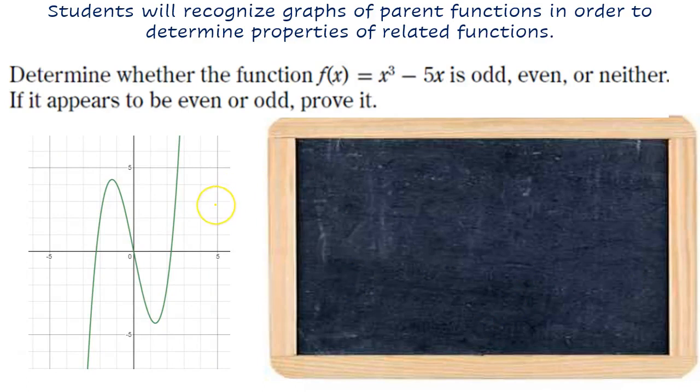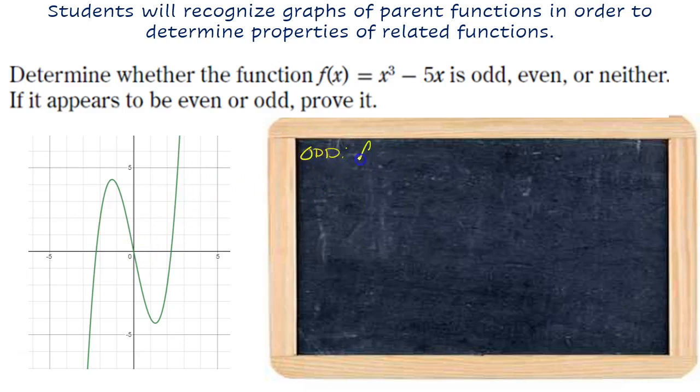Then they wanted us to find out if this is even, odd, or neither. Well, when I look at my function, it looks like it's going to be odd. It looks like it's symmetric to the origin, not the y-axis. So I'm going to start by checking to see if it's odd.